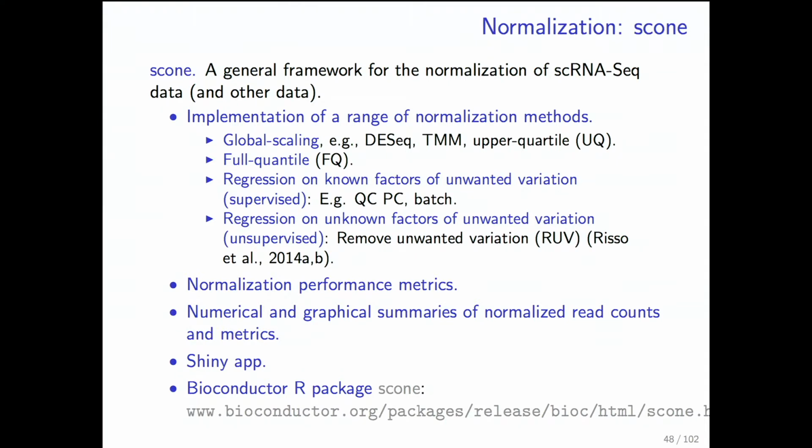Courtney Schiffman, one of my students, for example, is applying the same types of ideas with metabolomic and adaptomic data. In scone, we implement a variety of normalization procedures that range from simple global scaling methods, where you just use a single number per sample to scale the counts, to more complex regression methods based on either known factors of unwanted variation, like QC and batch, or unknown factors of unwanted variation, like we've done in this remove unwanted variation method, RUV.